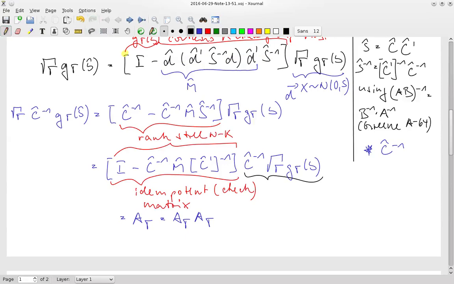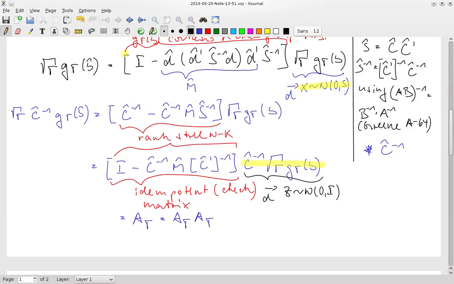We already know that square root of T times g_T of b is going to converge to a normal distribution with mean zero and covariance matrix S. Now the claim is that this term is going to converge in distribution to a random vector Z, which is distributed normal with mean zero and identity matrix covariance.